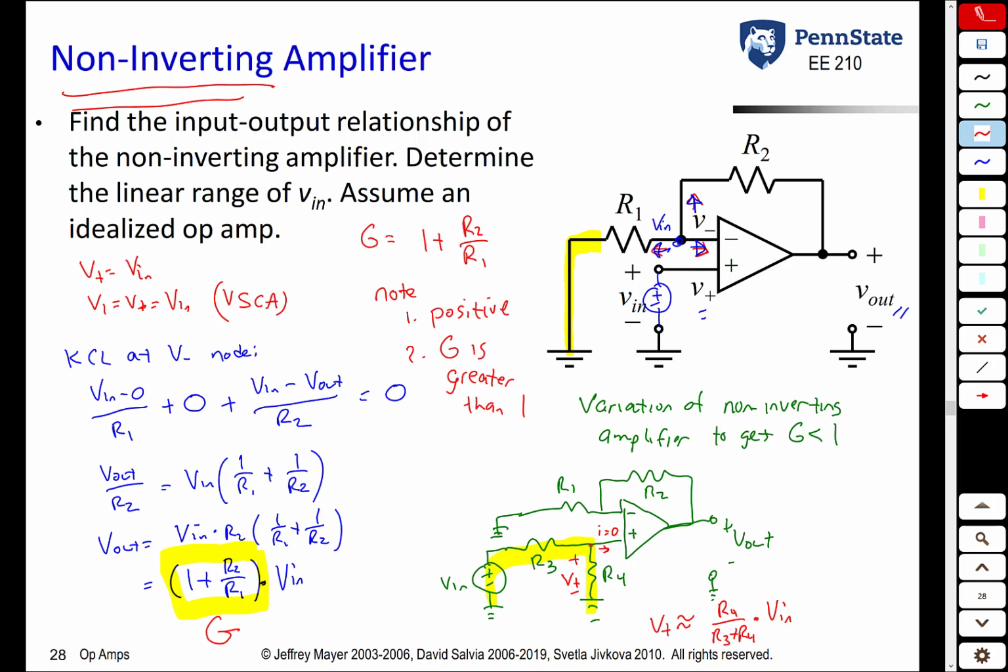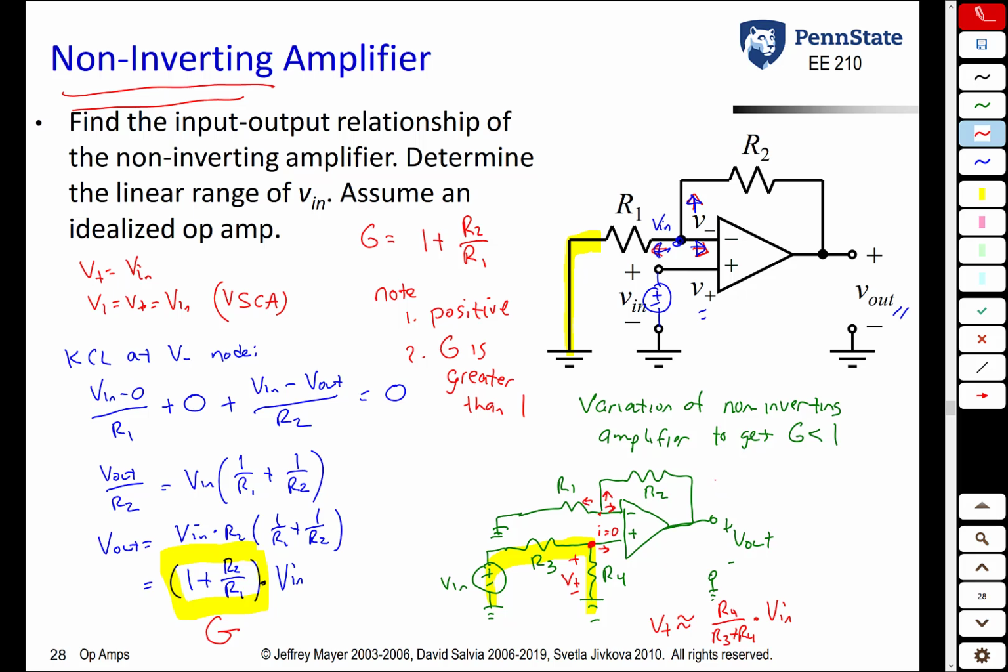So the voltage at the non-inverting terminal is no longer V in, it's now R4 over R3 plus R4 times V in. If you then take that result and plug it back into the KCL equation up here, we would get this variation in the gain.